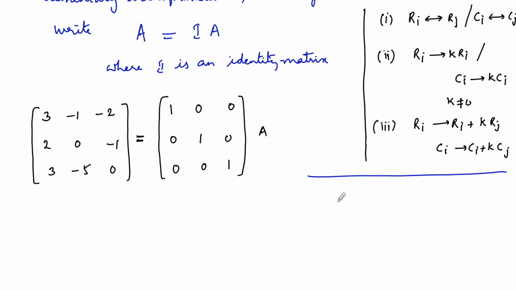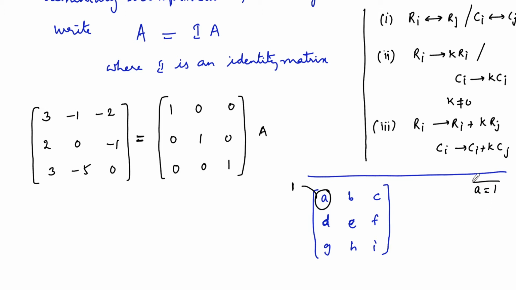By using the row transformations, for the elements a, b, c, d, e, f, g, h, i, observe carefully. So first you try to make this element 1. This is step 1. Make the first row first column element a equal to 1.